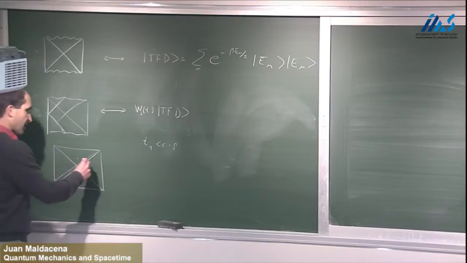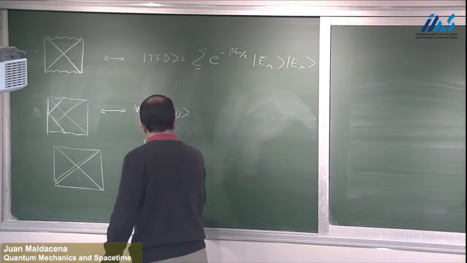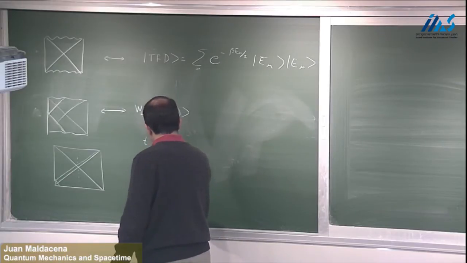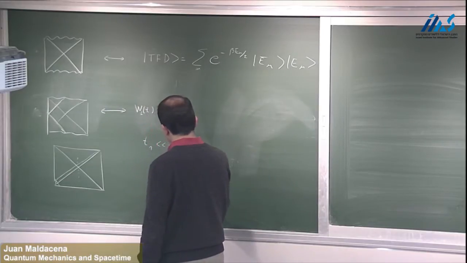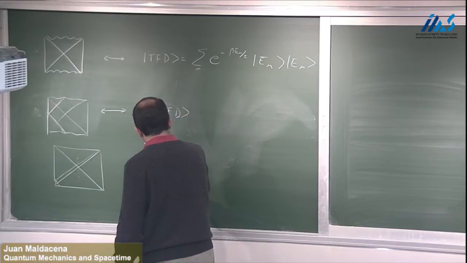In the end, you get a Penrose diagram which has no modification on this side, but here you had this feature, and so the Penrose diagram now looks more like this.